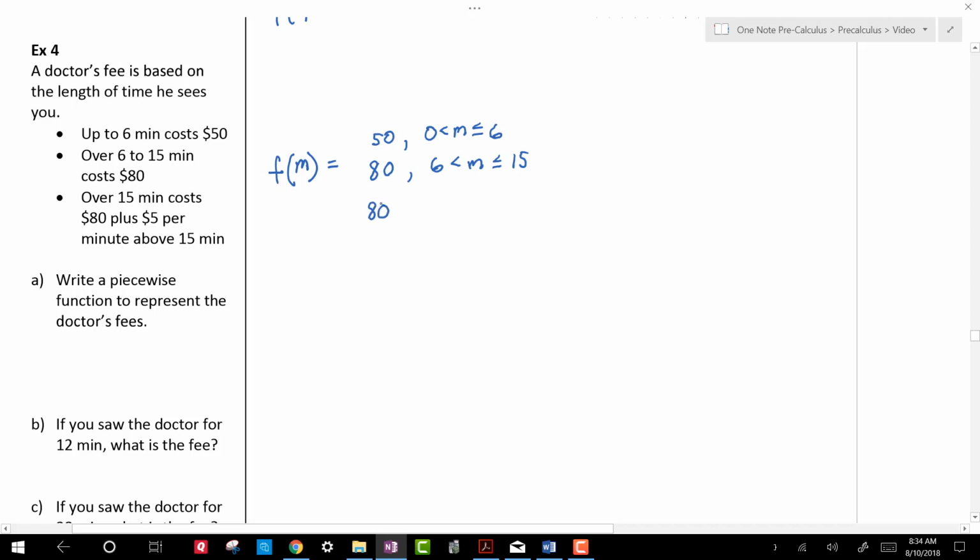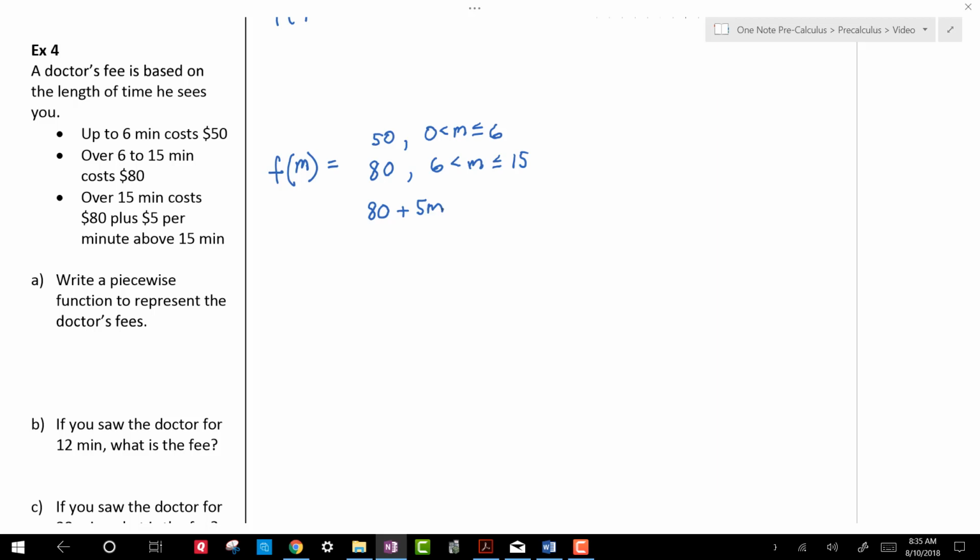Now a lot of people might just want to say 80 plus 5 times m, but that wouldn't really be right, because if I went for 1 minute, I wouldn't pay the doctor $85. I would pay the doctor only $50.